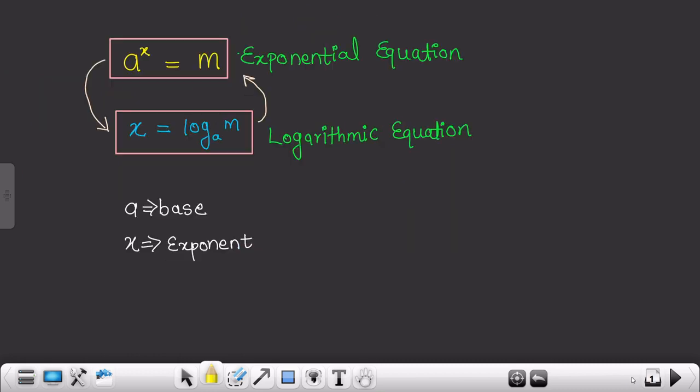I really hope you understood this. Again I'm doing a quick revision. In the previous session, we were converting the exponential form into the logarithmic one, and here the logarithmic equation is getting converted into exponential form.